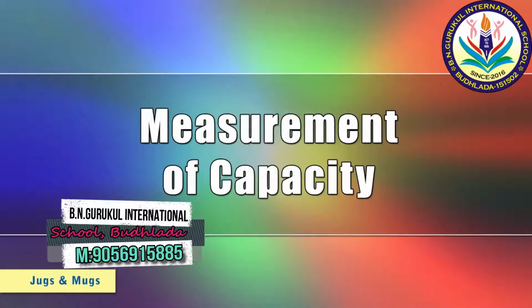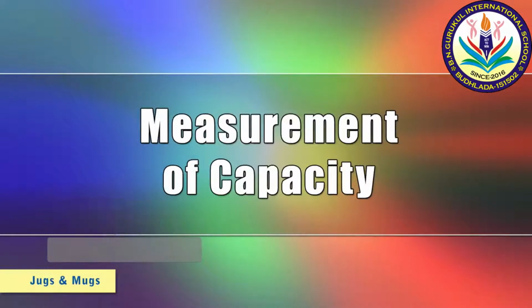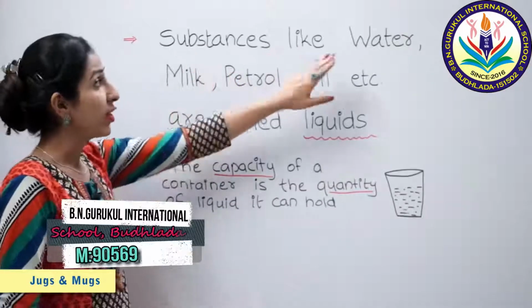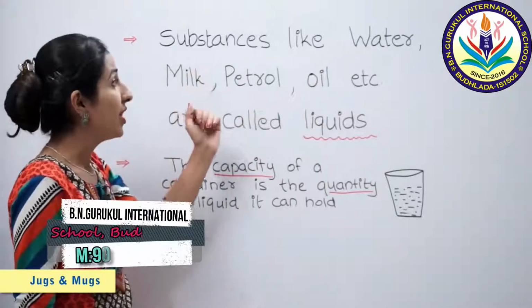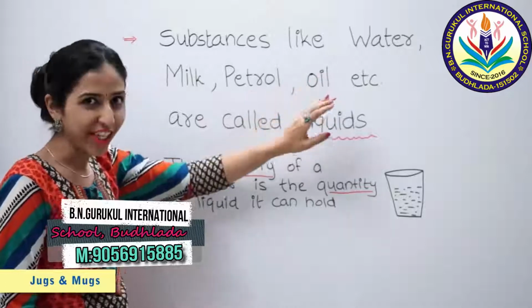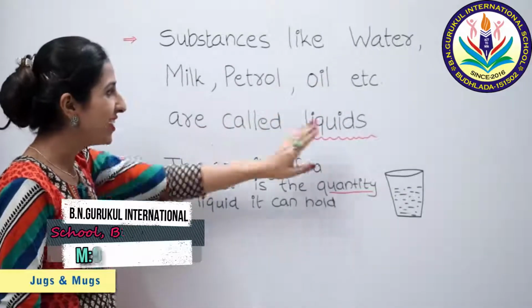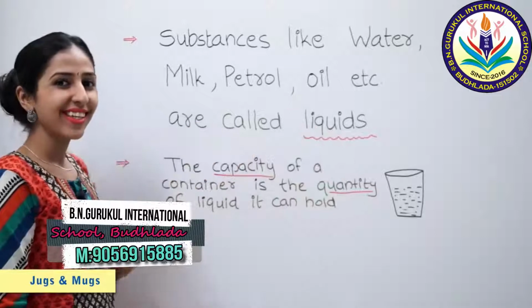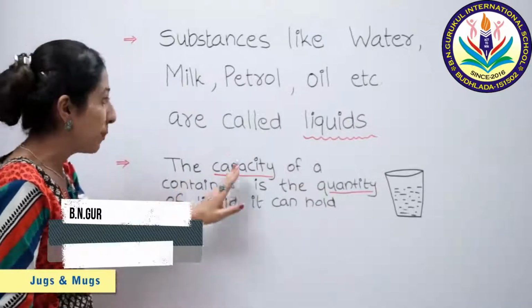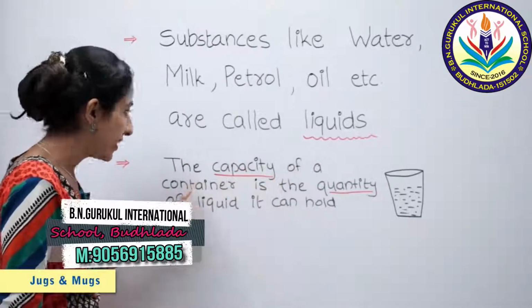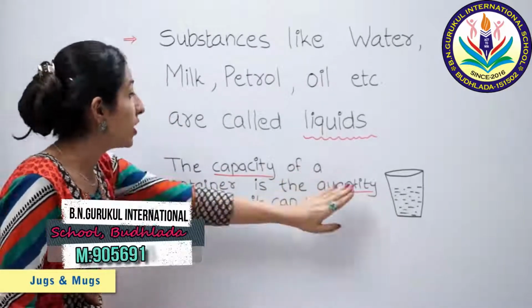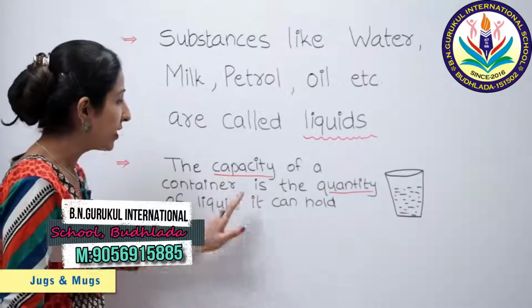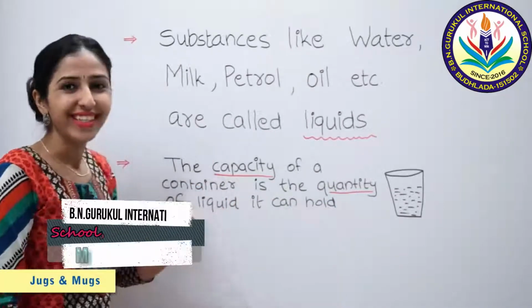Measurement of capacity. Substances like water, milk, petrol, oil, etc. are called liquids. The capacity of a container is the quantity of liquid it can hold.